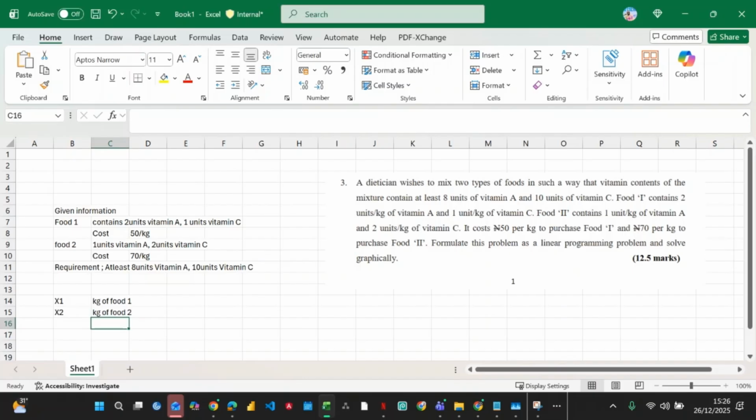Now we use the variables to formulate this.